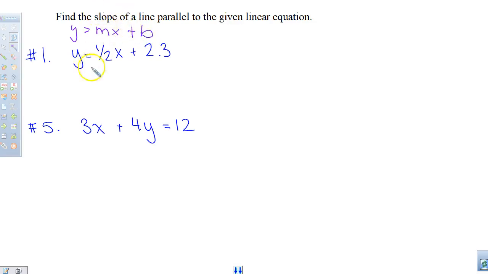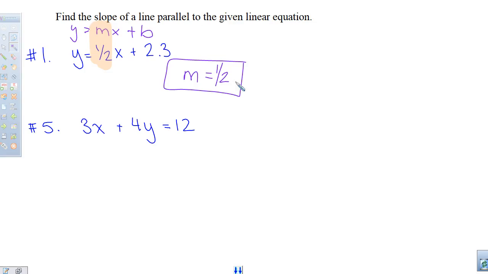And we want to say what the slope of a parallel line would be. Well, for parallel lines, we have to have the same slope. So I'm going to write m equals, because I'm looking for the slope. This equation is already written in slope-intercept form, and my slope is currently 1/2. So a parallel line would also have a slope of 1/2, because parallel lines have the same slope.